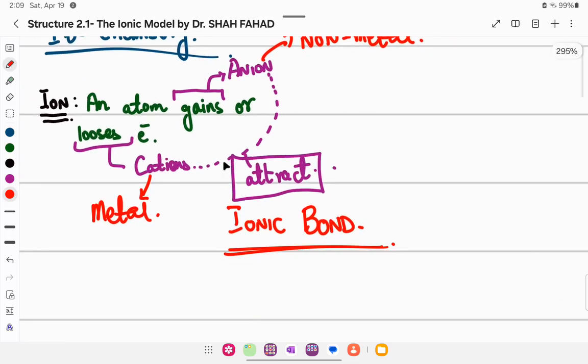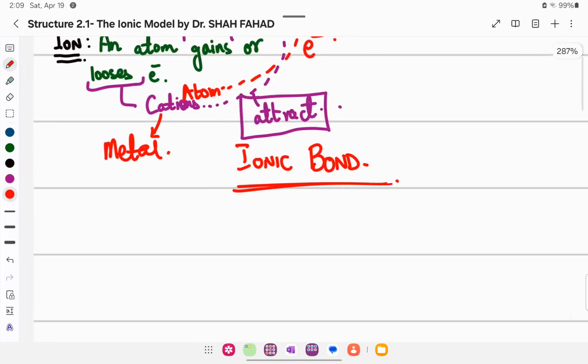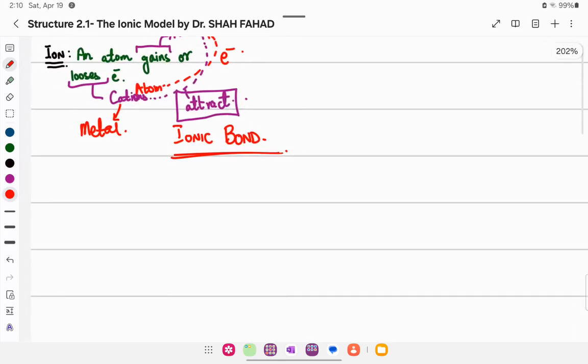Basically the atom that becomes the cation transfers one or more electrons to the atom that becomes the anion, and the anion is formed when it gains the electron, and the cation is formed after losing that electron. You need to understand that metals generally lose electrons and non-metals gain electrons, and as a result of this loss and gain of electrons, ionic bonds are made.